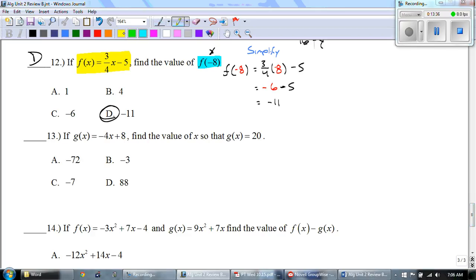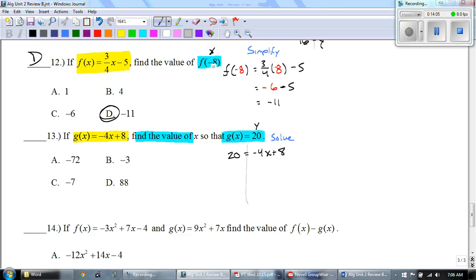Once again, they give us a function, g of x, but this time they're saying find the value of x so that g of x equals 20. If they didn't give me the x, that means they gave me the y. When they give us the y, we plug it into the other side, and now we don't simplify, we solve.